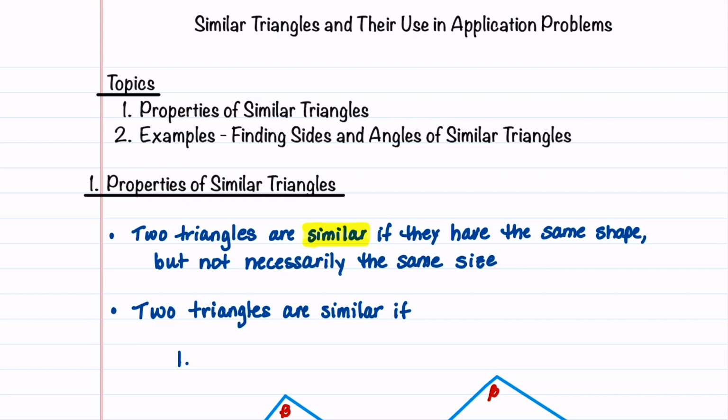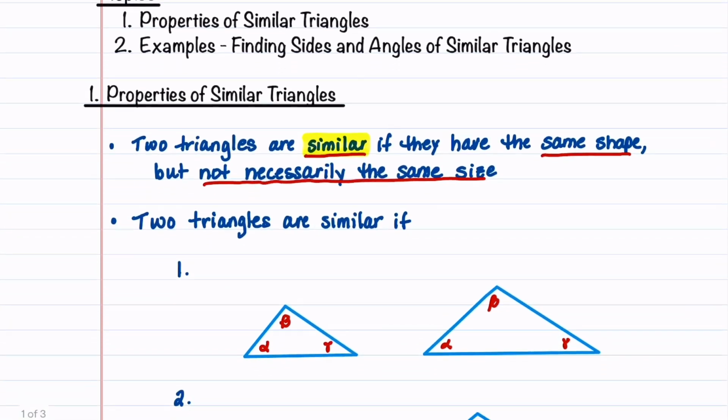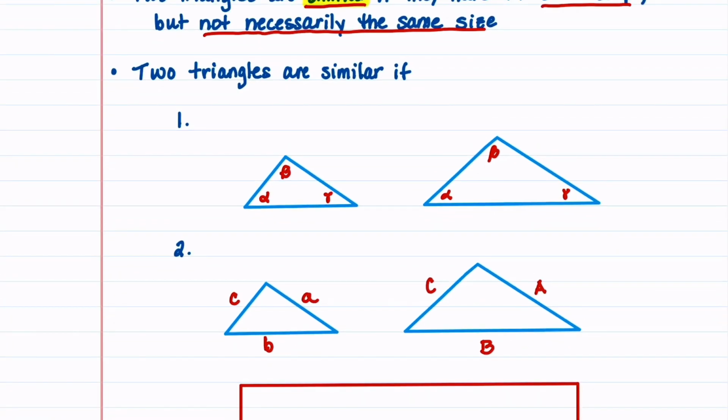Two triangles are said to be similar if they have the same shape, but not necessarily the same size. There are 3 ways that two triangles can be similar. The first way is when their corresponding angles are equal.